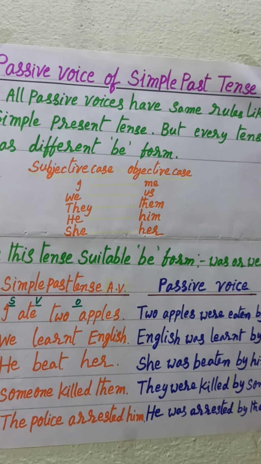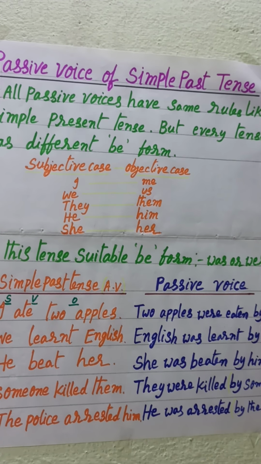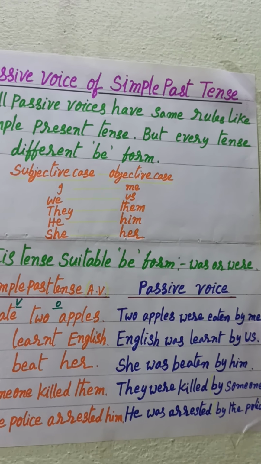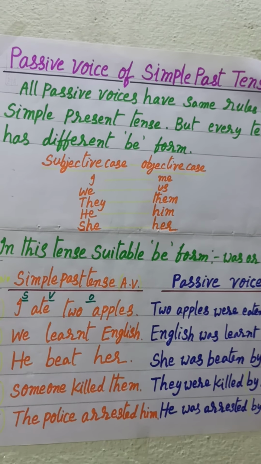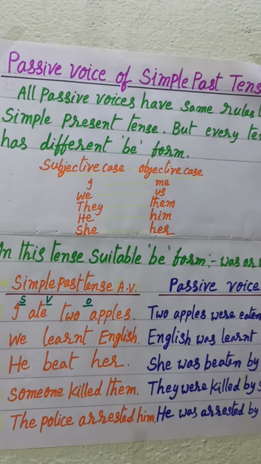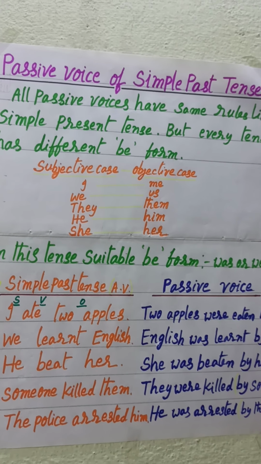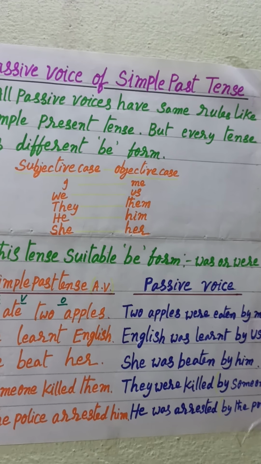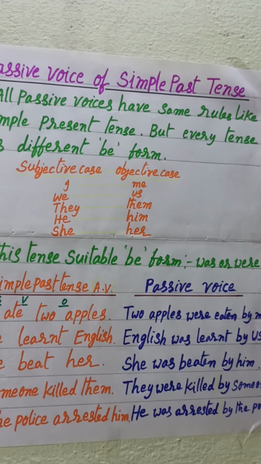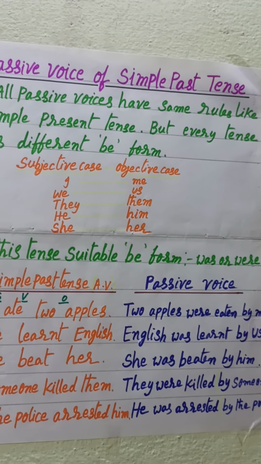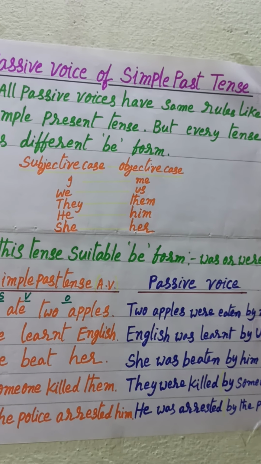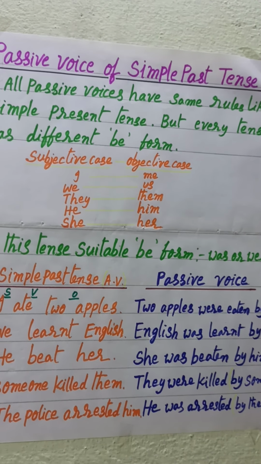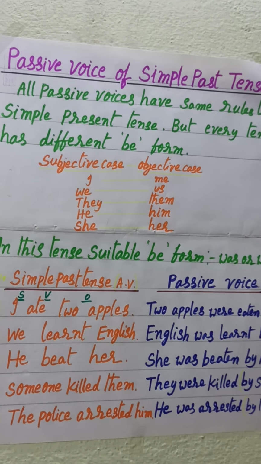The passive, were they killed by someone, and add question mark. Fifth sentence, did the police arrest him, and add question mark. Was he arrested by the police, and add question mark.